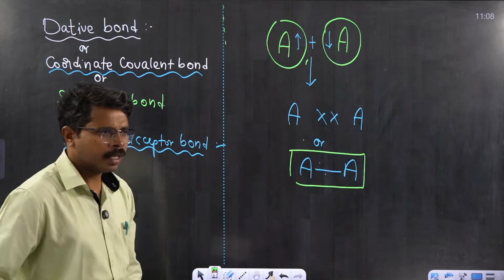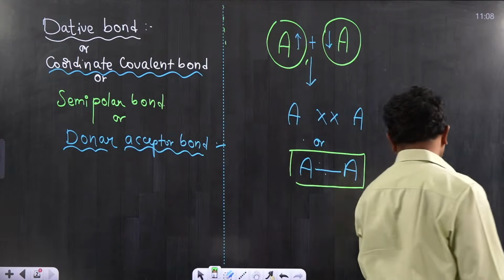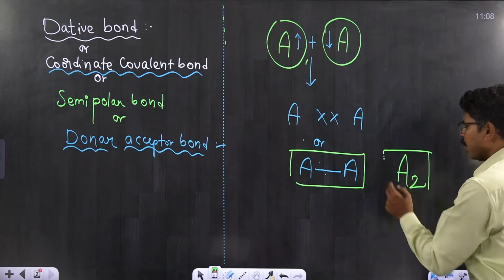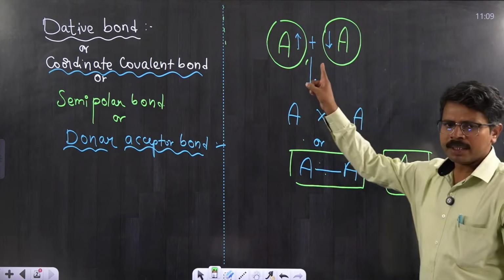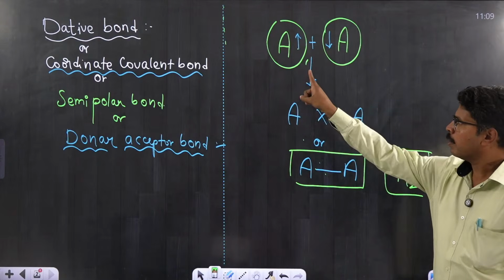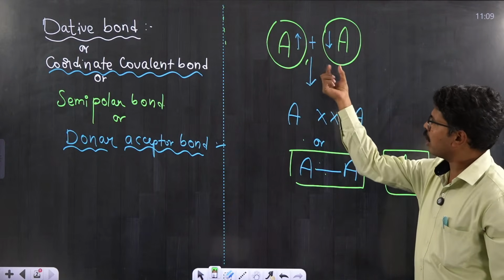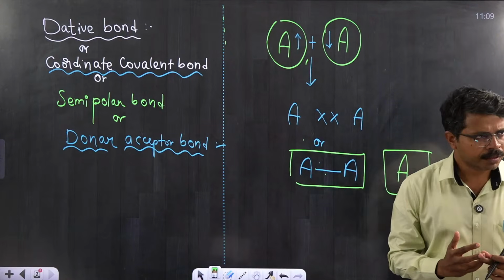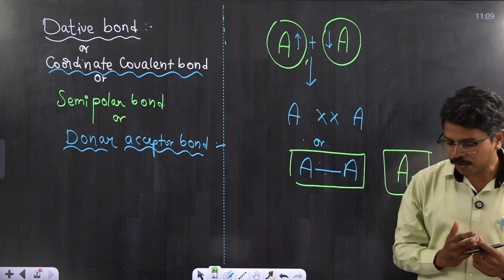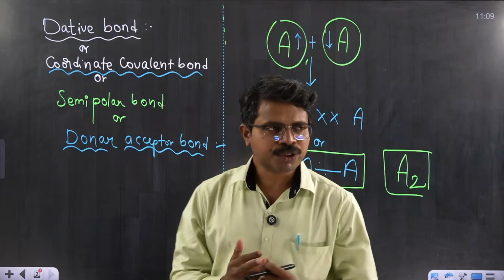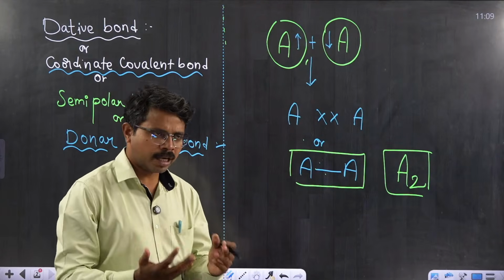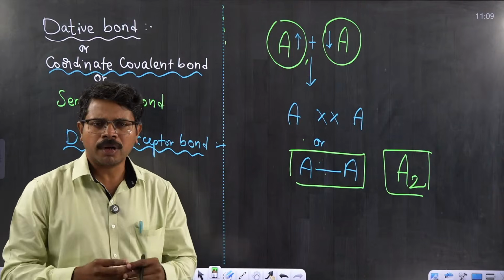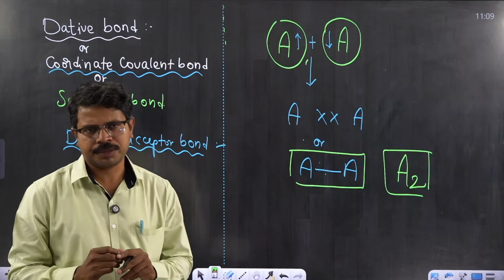In the formation of A2, each atom contributes an electron, and after contributing one electron each, the two electrons are shared equally between the two bonded atoms. Therefore, the bond formed by mutual sharing of electrons is called a covalent bond, and in it both atoms involved contribute one electron each.